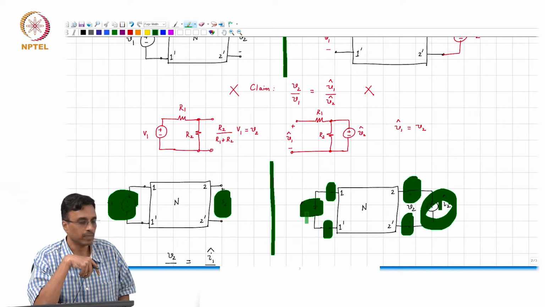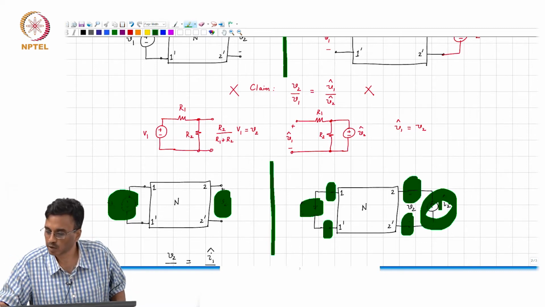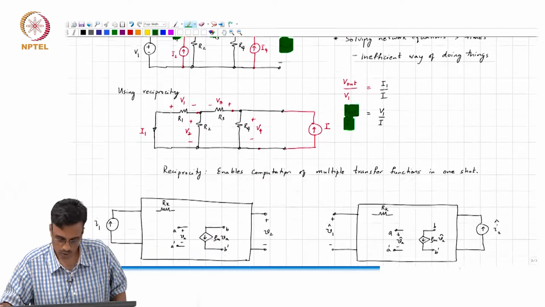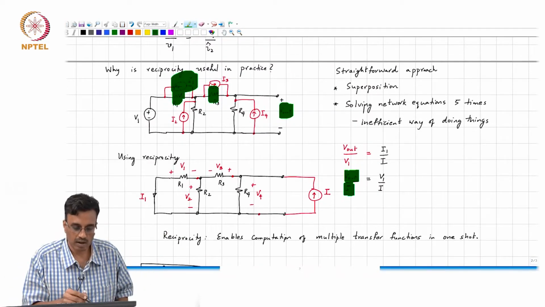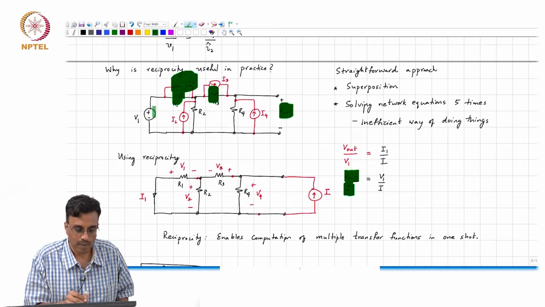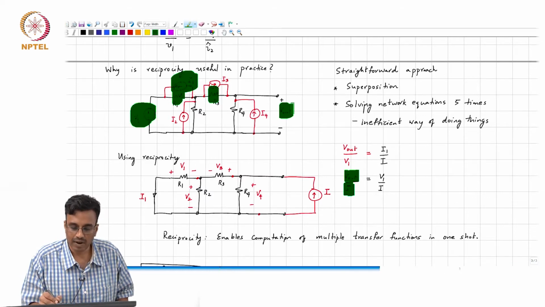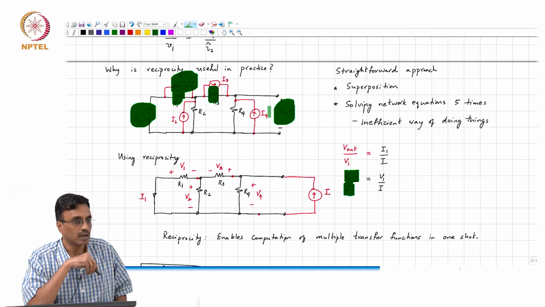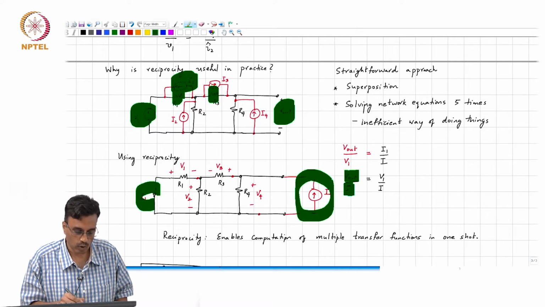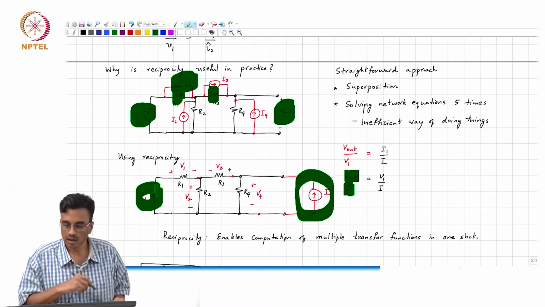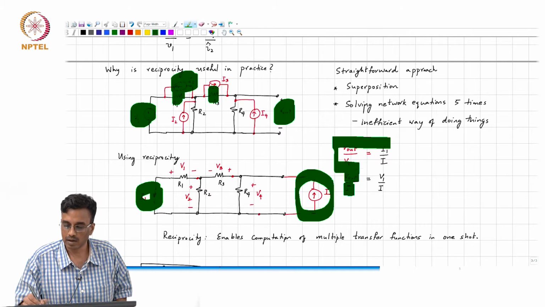That's just the way I like to remember it. You can come up with your own. So given that, if I apply V1 here and if I get a positive voltage V out, it turns out that if I apply a current like this, the current must flow in this direction for this theorem to be valid.